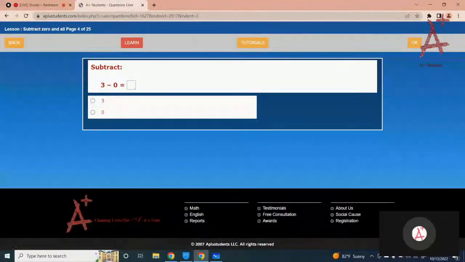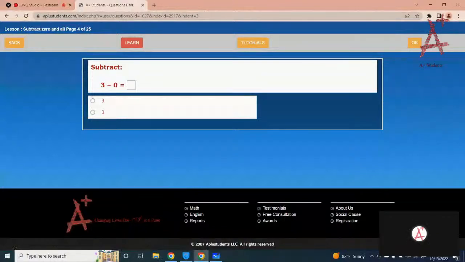Okay, 3 subtract 0 equals, do you know the answer? Anyone who knows the answer? Please use the live chat button and write the answers in the chat so that I can see who knows the answer. If you don't know where the live chat button is, go ask your mom or dad or your elder sisters or brothers so that they can help you find the live chat option.